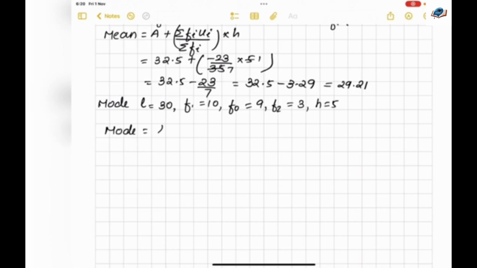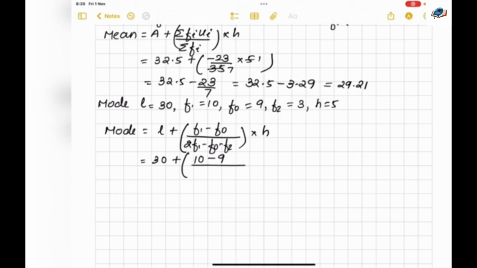So mode equal to L plus (F1 minus F0) upon (2 F1 minus F0 minus F2) into H. So this will be 30 plus 10 minus 9 upon, oh sorry, 2 into 10 minus 9 minus 3 into 5. So this will be 30 plus 1 upon 20 minus 12 into 5.